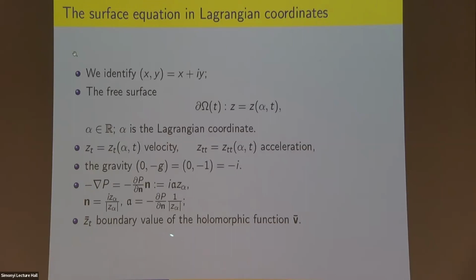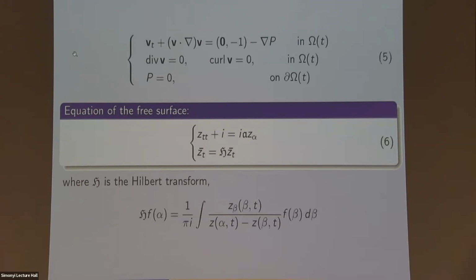A is a real quantity. So the first equation: the acceleration on the interface is z_tt, and the gravity is negative i, so moving it to the right-hand side becomes positive i, and negative gradient p is i A z_alpha. Divergence and curl equal to 0 means the velocity V bar is holomorphic.